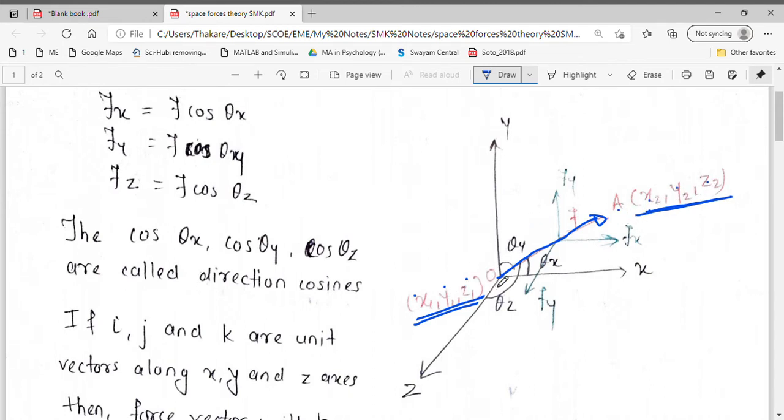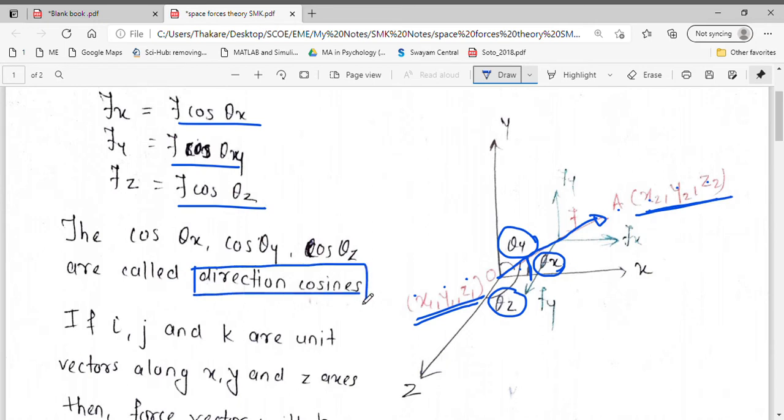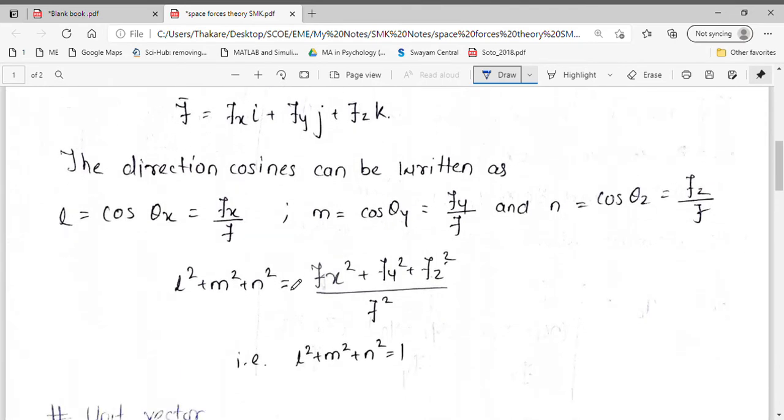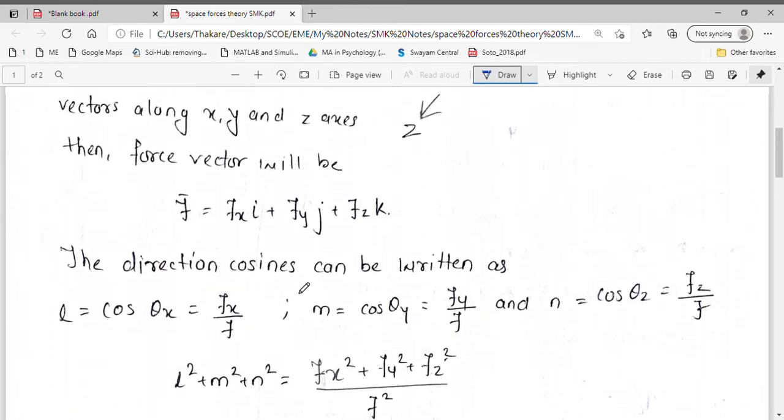The force is acting from O to A. If we know the angle of this OA with respect to x as theta x, with respect to y as theta y, and with respect to z as theta z, then we can determine its components as Fx will be F cos theta x, Fy will be F cos theta y, and Fz will be F cos theta z, where cos theta x, cos theta y and cos theta z are called direction cosines.